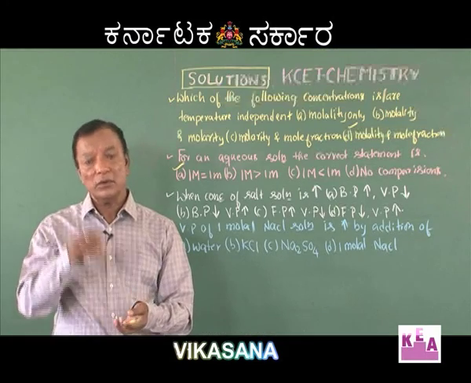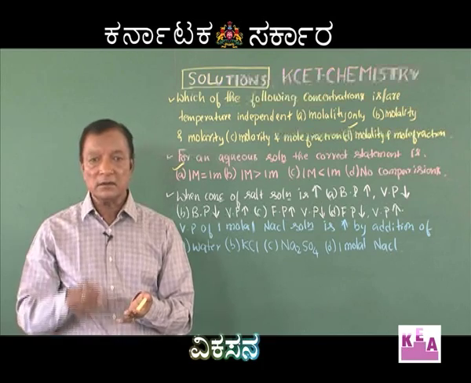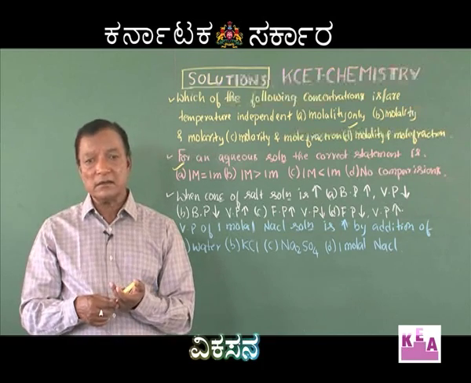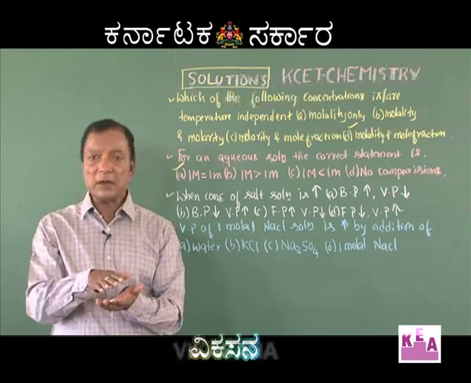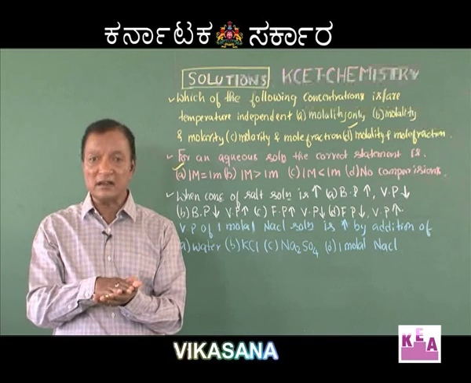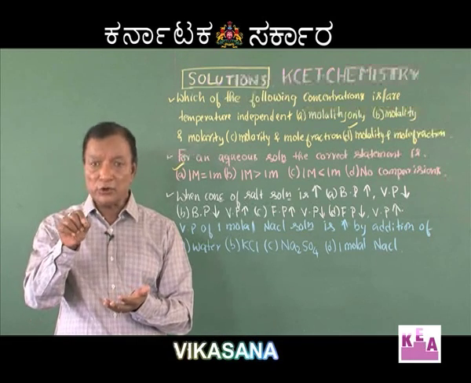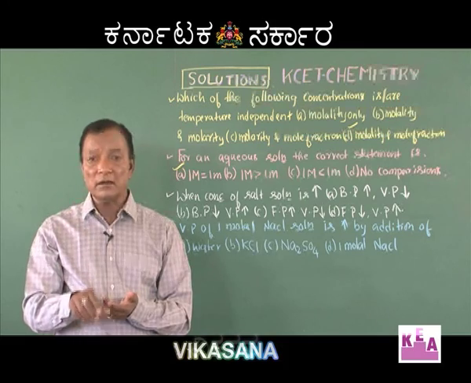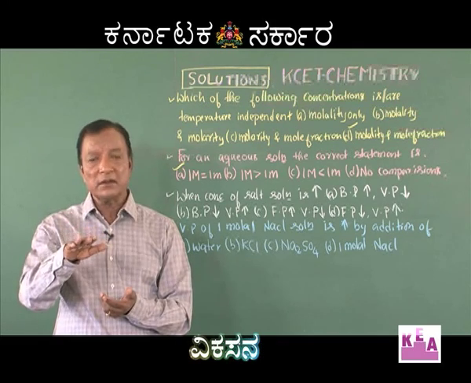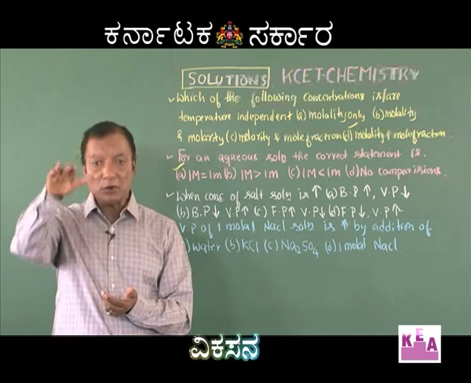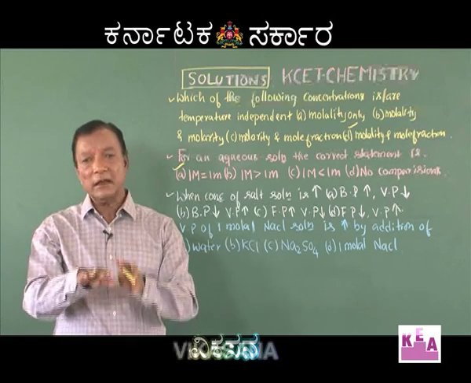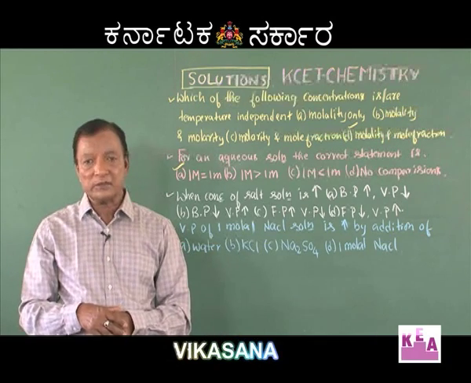And number 2, what happens to the boiling point? Boiling point will increase because as the vapor pressure of the solution decreases, if this solution is to boil, its vapor pressure must be brought to the level where it will be equal to the atmospheric pressure.